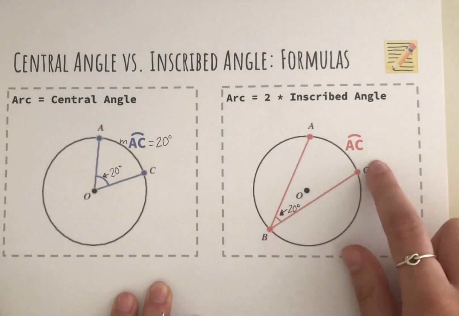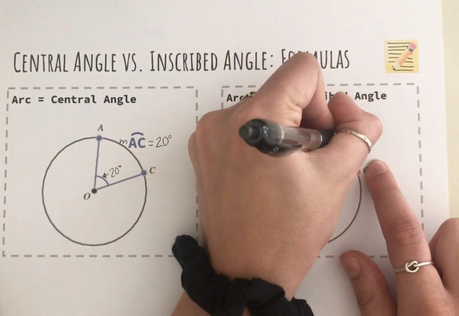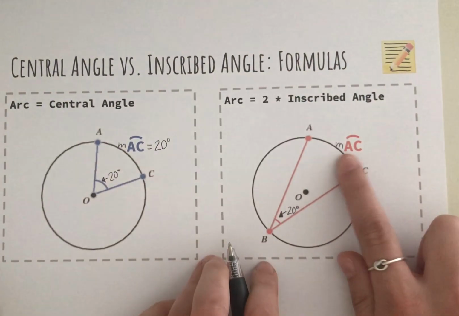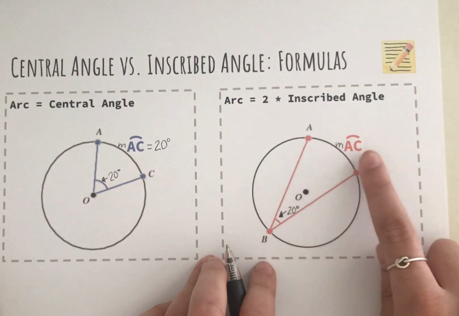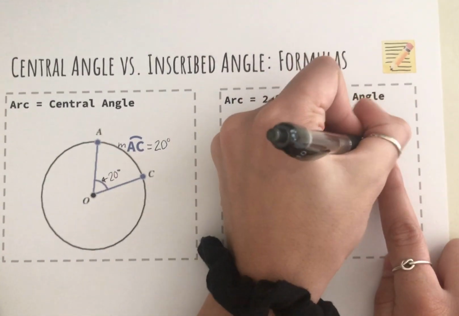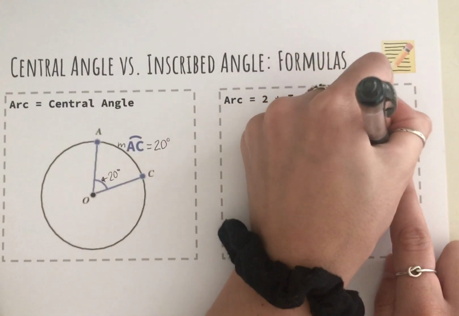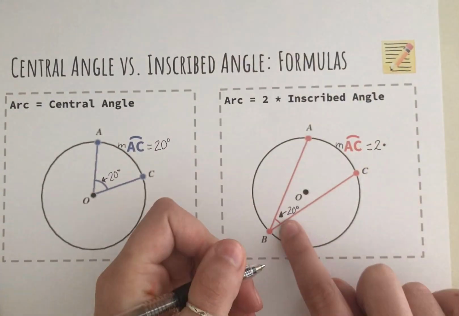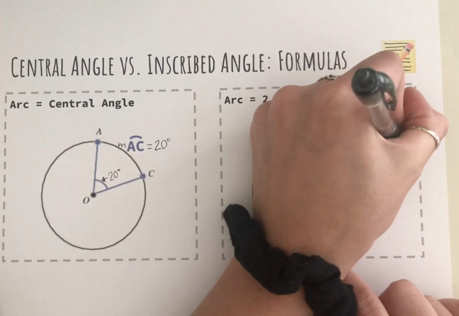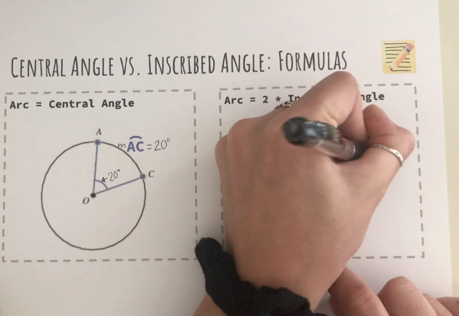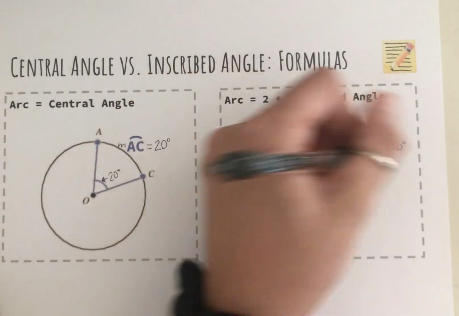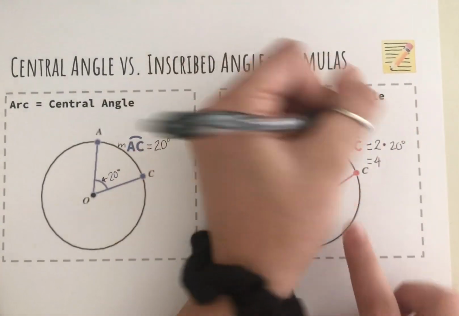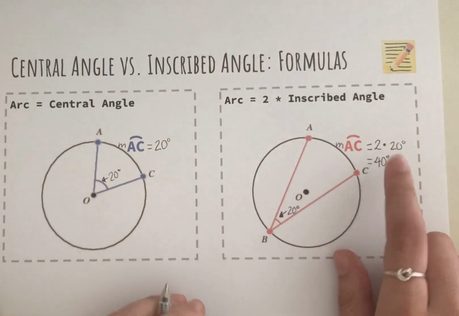So the measure of arc AC is equal to 2 times 20 degrees. Okay? And 2 times 20 is 40. So the measure of arc AC is actually 40 degrees.